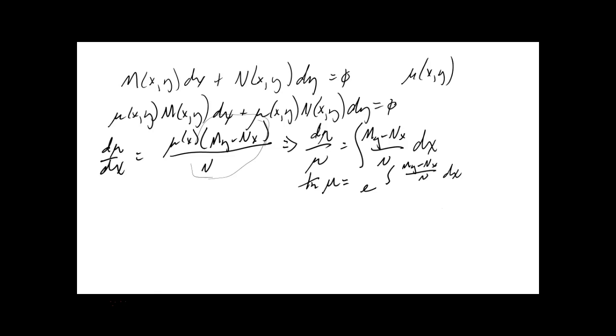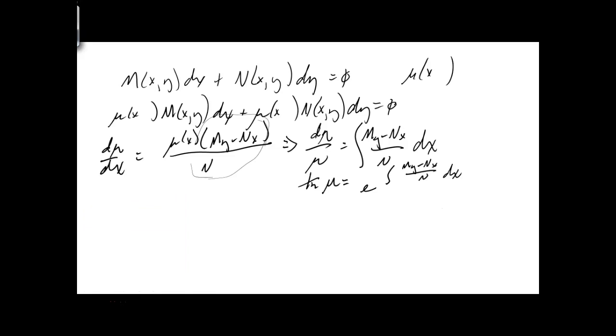There's our integrating factor. So what do we do with it? We go back to our very first equation, and now mu is a function of x alone, that's our assumption now. So I'm going to take out the y's here, and take out the y up here too, a function of x alone.